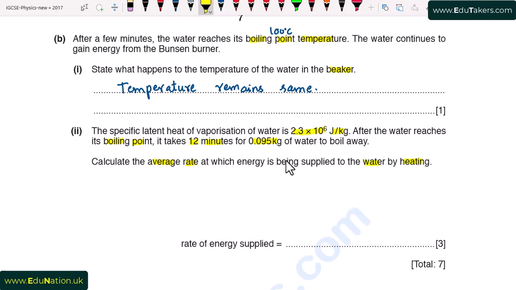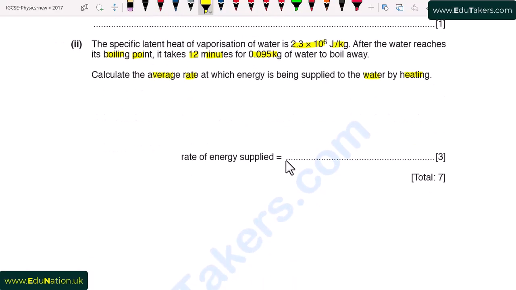So here we have to find out the average rate at which energy is being supplied. It means that here we have to calculate energy rate, which is also known as power. In simple words, here we have to calculate the power.